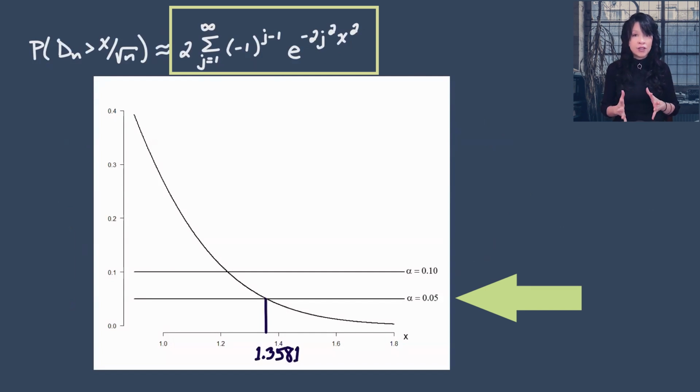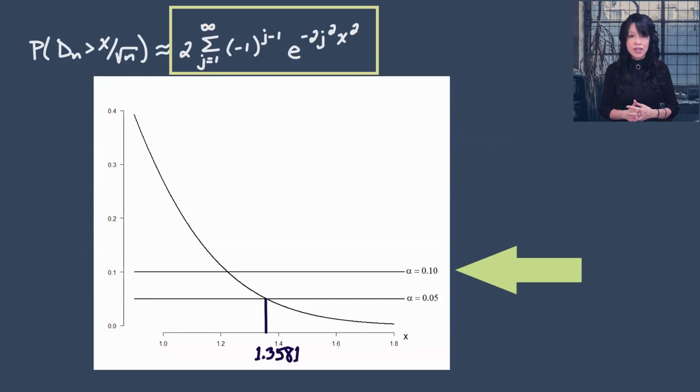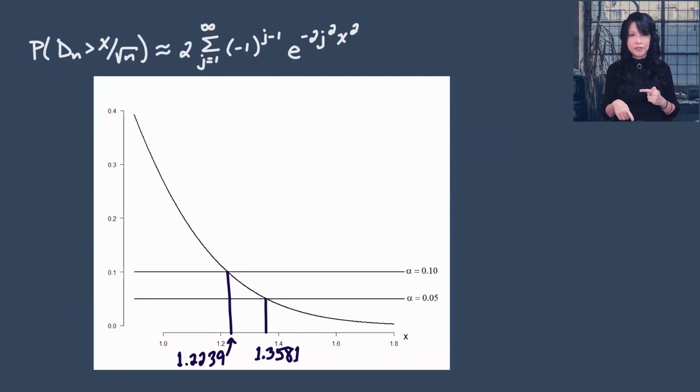And just as another alpha value, if I use 0.1, I want to see where this curve passes the line at y equals 0.1. And this one turned out to be approximately 1.2239.